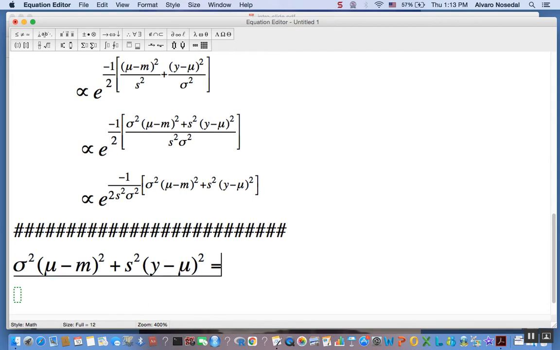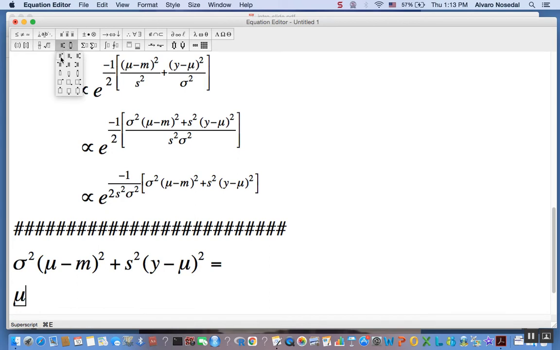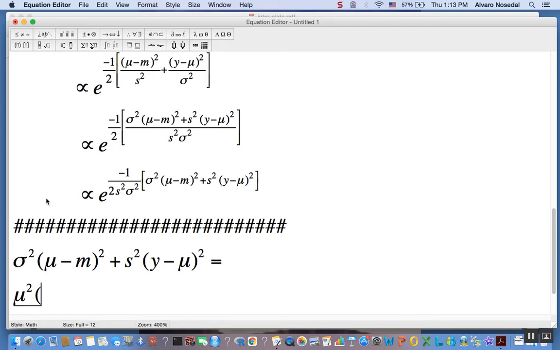So that happens to be, once you expand, it's going to be the same as mu squared times s squared plus sigma squared, plus, and then when you expand this, you are going to have mu squared minus 2 times mu times m, right?